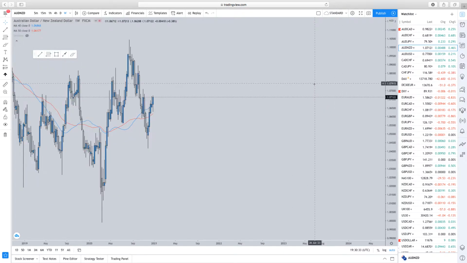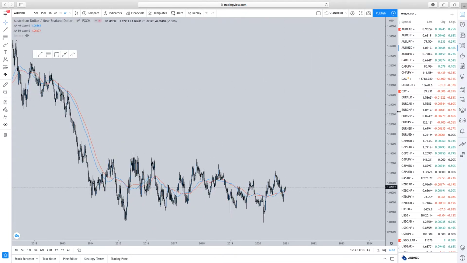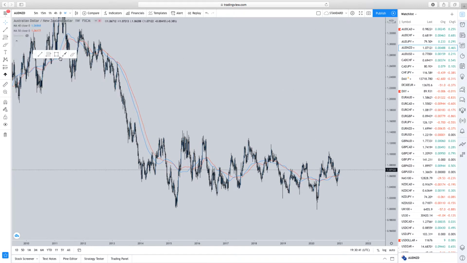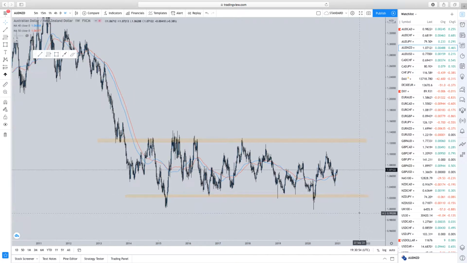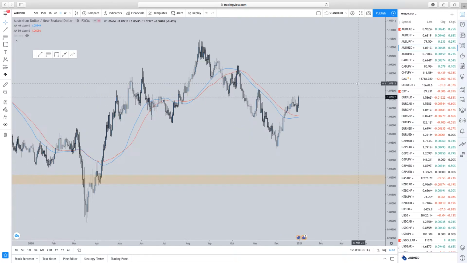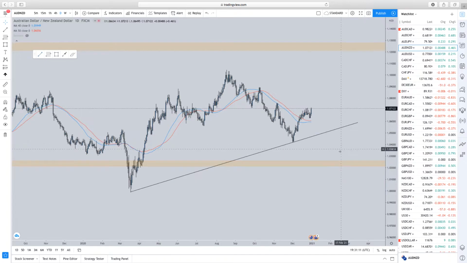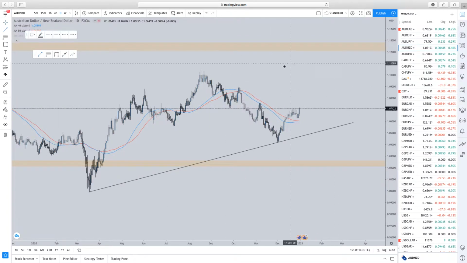Now AUD NZD, serious consolidation here. But I can see a good, strong move as well on the weekly, so this would be the high. Call this the low. Now I'd be looking for a counter trend line break here.